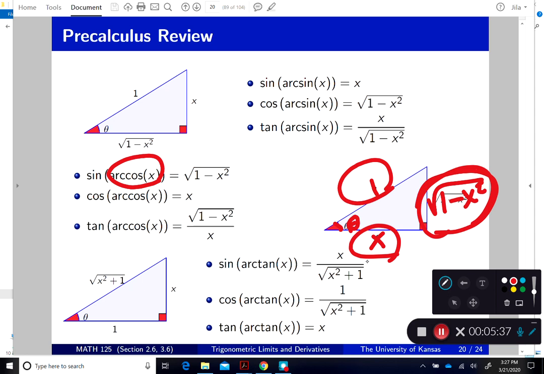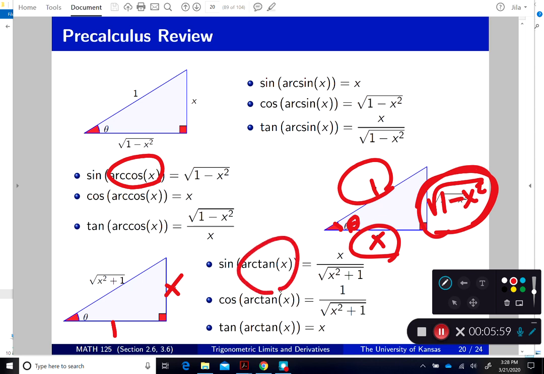The same thing works when you are discussing tan. When you're discussing tan, arctan of x is an angle theta such that tangent of theta is x, that is x over 1. Then you find the other side, and you use that to find sine of theta.